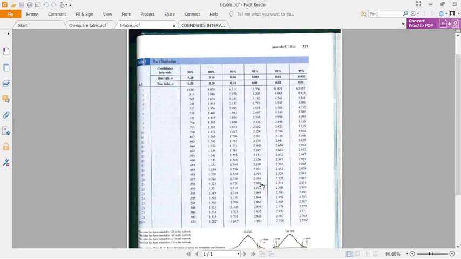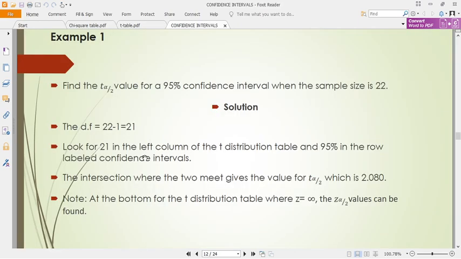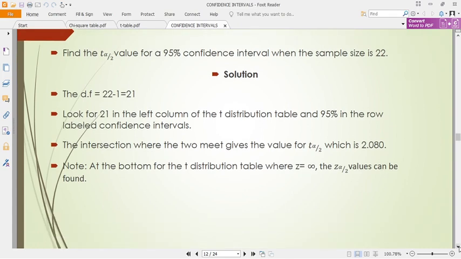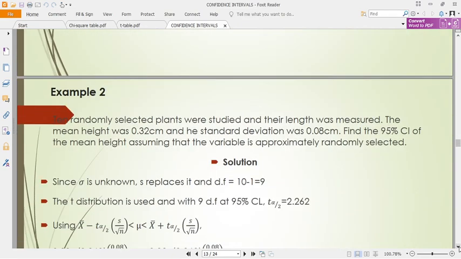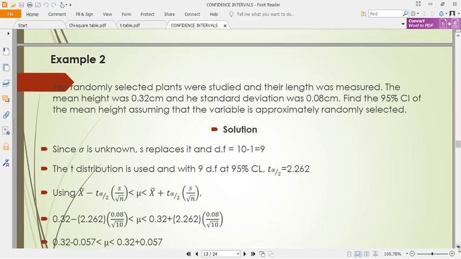So our t alpha over 2 will be 2.080, which is this. So once we have that, we just substitute. So please remember that at the bottom of that distribution, we have z alpha over 2 values. So we come and substitute in our formula to get t alpha over 2.